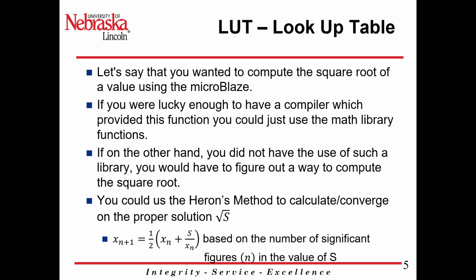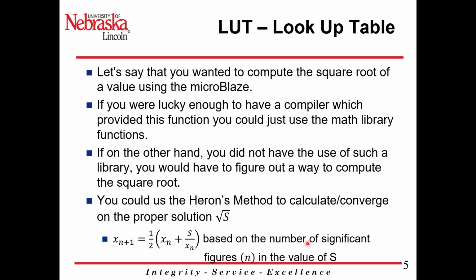And using this formula, we can basically look at the next guess value and the current guess value, or look at the current value compared to the value of s. In this formula, 1/2 of x of n plus s divided by x of n gives us our next guess value, and we eventually converge on the right value based on the number of significant figures in the value of s.